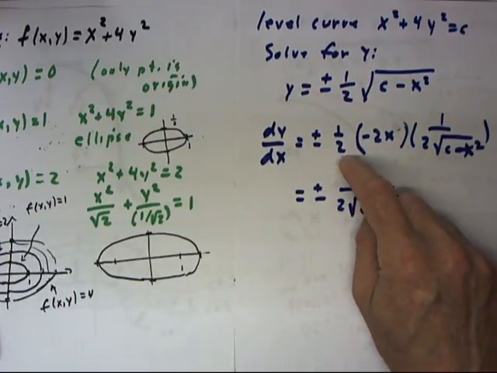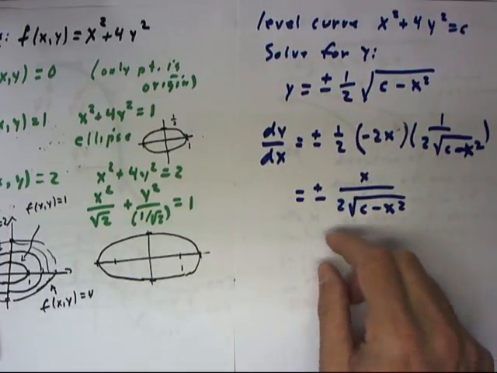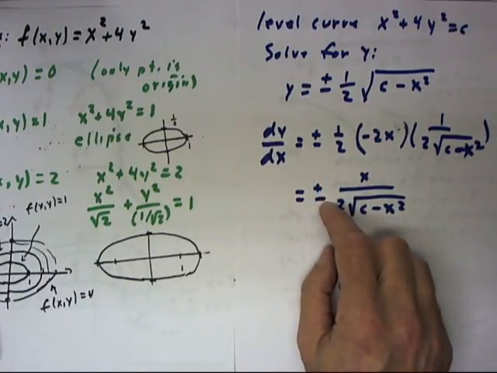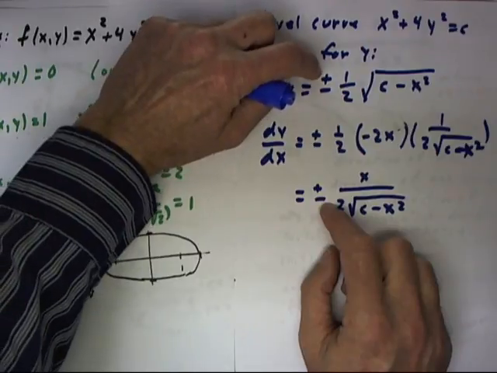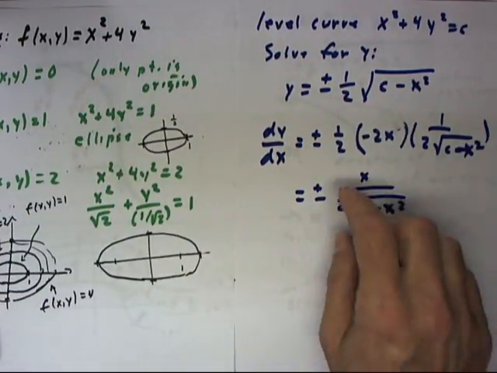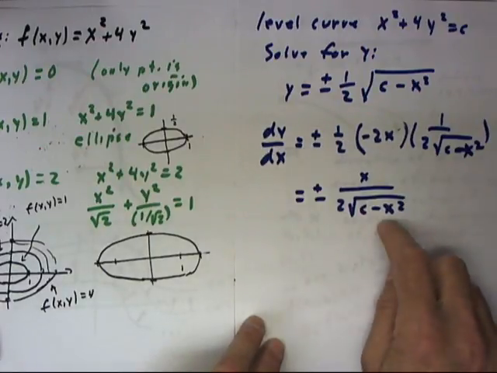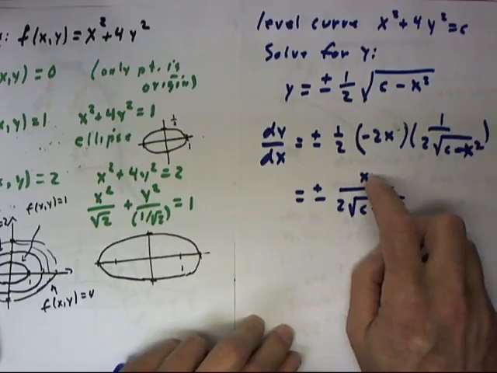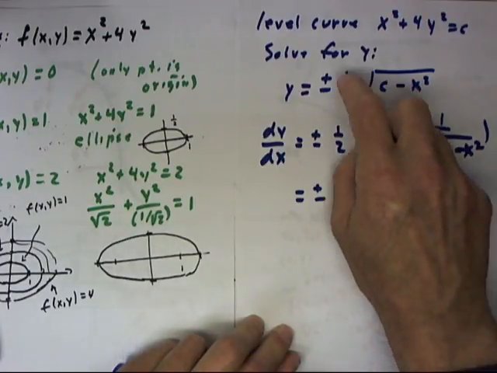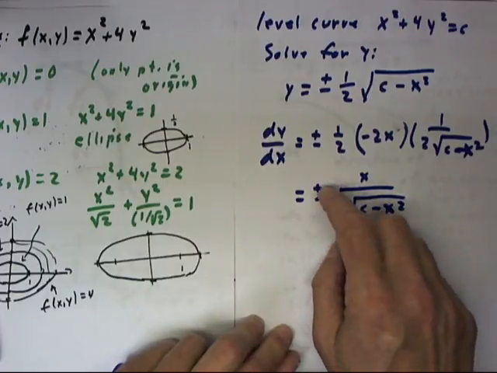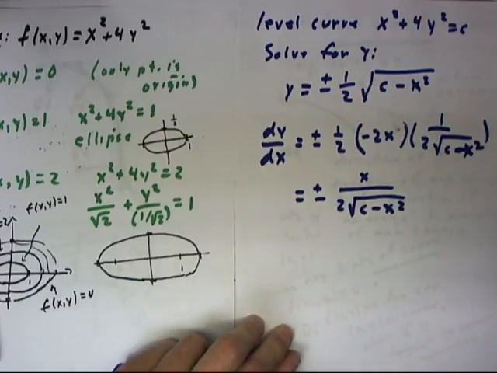Of course, here we've divided the 2's out. We still have a plus or minus. Actually, I should maybe call that minus plus, because when we have the plus here, we're going to have the minus down here, and so forth. However, we understand that the derivative at a point x, y, the point actually being x, plus or minus 1/2 the square root of c minus x squared, will be one of these two values.